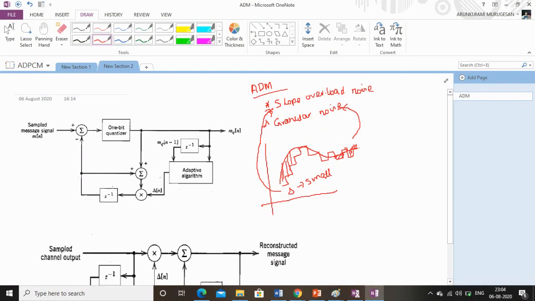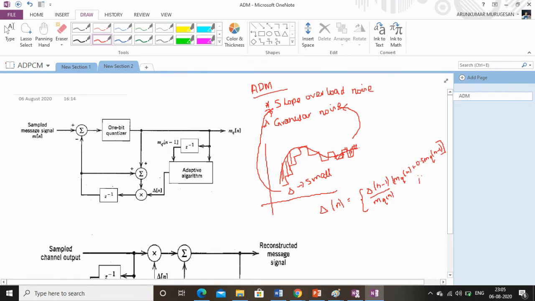Here the step size delta of n is calculated. It is delta of n minus 1 divided by M q of n, into M q of n plus 0.5 of M q of n minus 1.